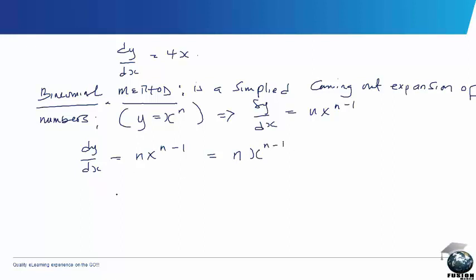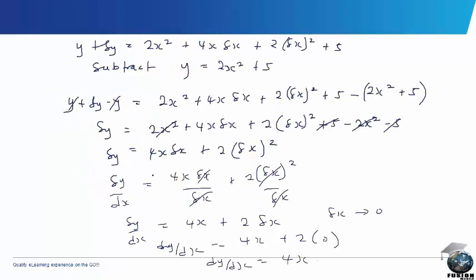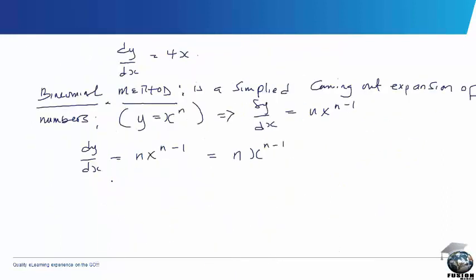So that means that for the last example we did, where we were given y equal to 2x squared plus 5, and having the knowledge that the differentiation of a constant is equal to 0, dy/dx is equal to the number we have here, which is 2. You bring down the 2, and then you have your variable x raised to the power n minus 1, n here being 2, so you have 2 minus 1.